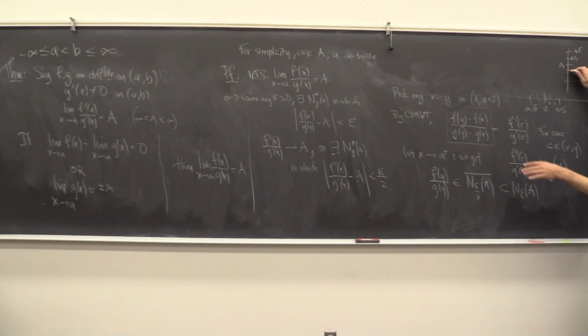Then when you take the limit, there's a possibility that the limit will end up actually at the epsilon over 2, but that's okay. What we really wanted was for that thing to stay inside the epsilon neighborhood. So we're okay.